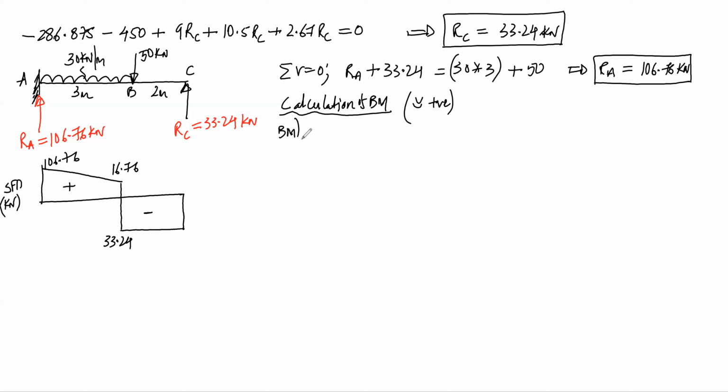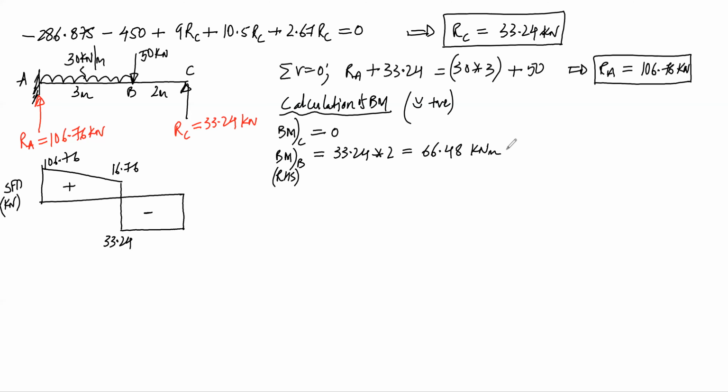So bending moment at point C is 0. At point B, if I consider right hand side, there is 33.24 into 2, which is sagging. So it will be 33.24 into 2, that is 66.48 kilonewton meter.